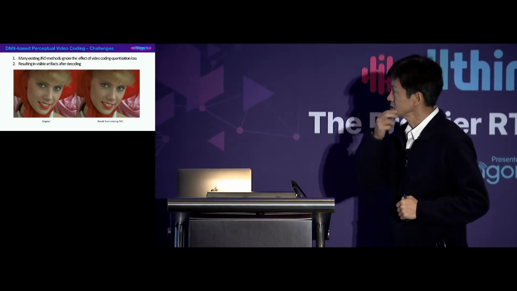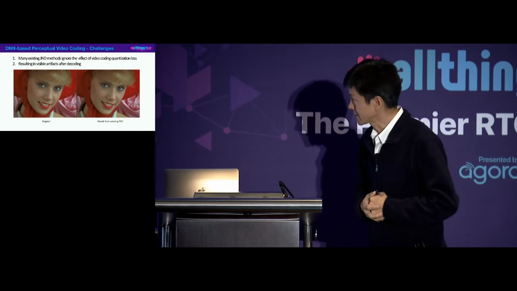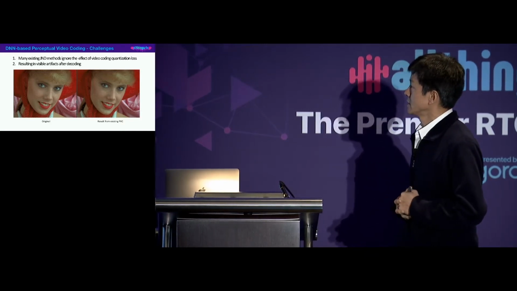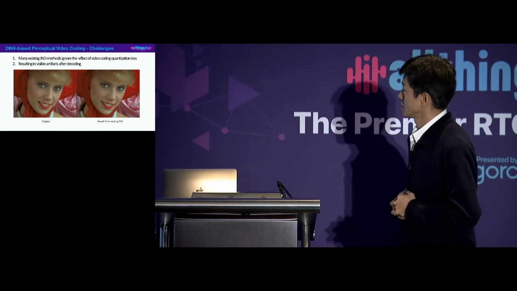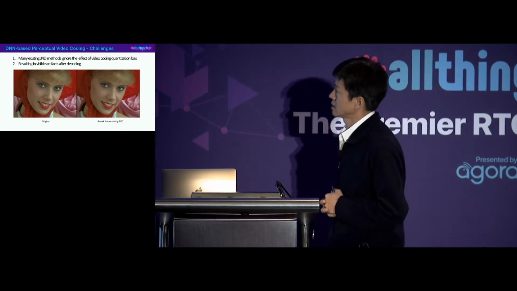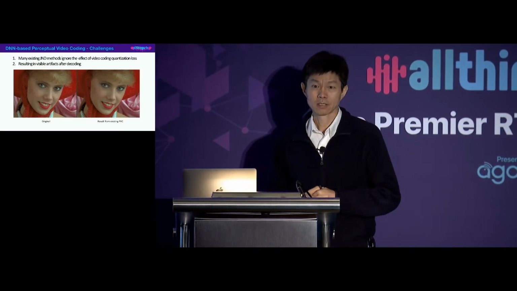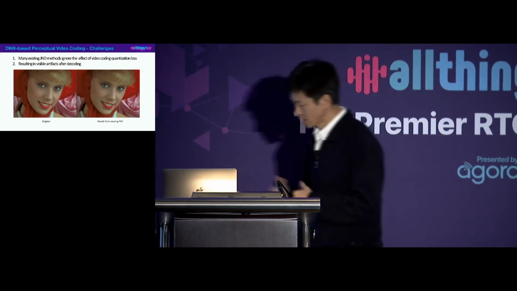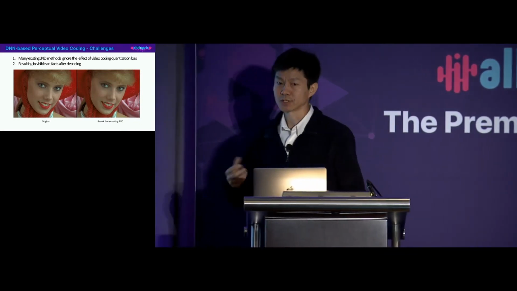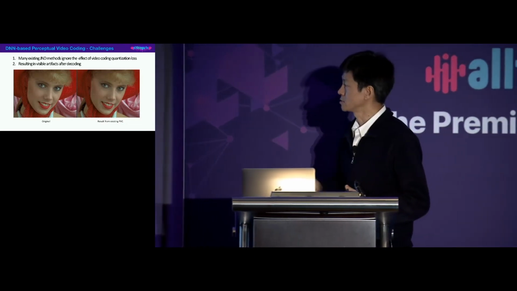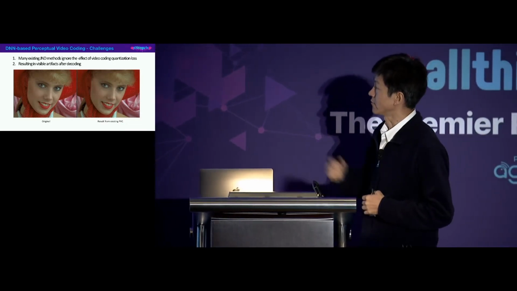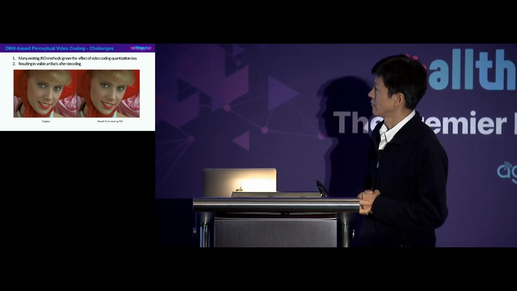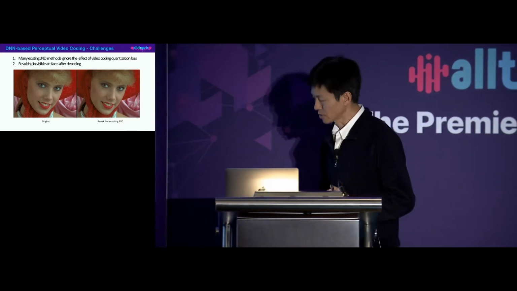Also we find that even given the JND, if you ignore the video encoding process, there could be problems. For example, video encoding usually achieves compression through quantization. So the quantization loss has to be taken into consideration. Otherwise, we would get visible artifacts as shown in this picture.